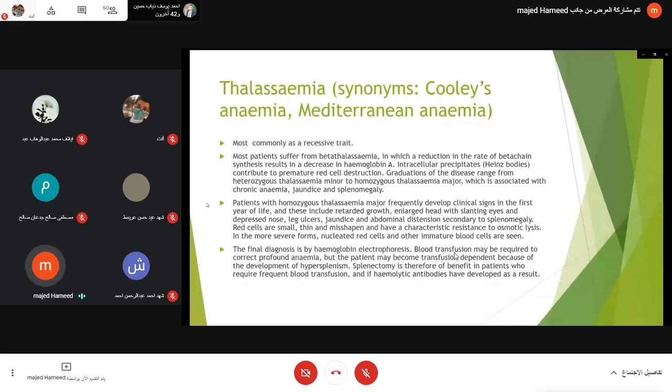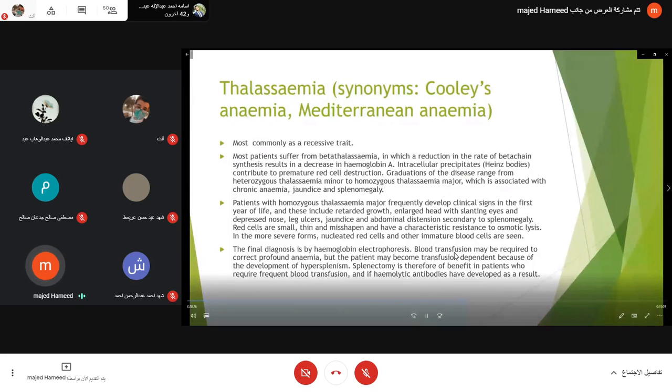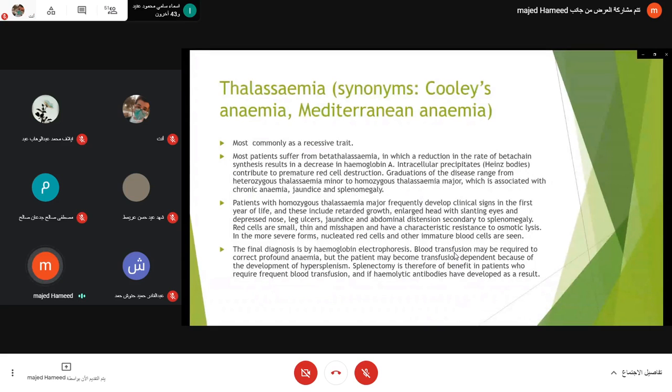Thalassemia is most commonly inherited as a recessive trait. Most patients suffer from beta thalassemia, in which the reduction in the rate of beta chain synthesis results in decreased hemoglobin A. Patients with homozygous thalassemia major frequently develop clinical signs in the first year of life, and these include retarded growth, enlarged head with slanting eyes and depressed nose, leg ulcer, jaundice, and abdominal distension secondary to splenomegaly.